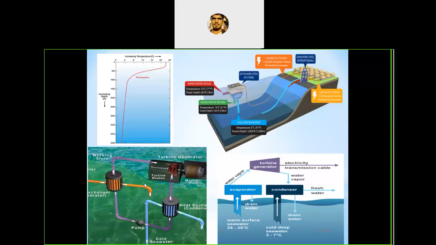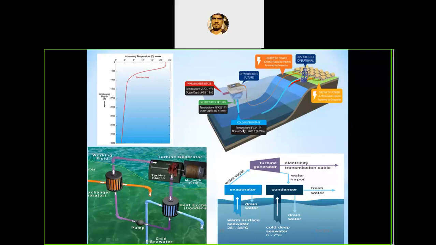Here hot water enters from the top layer and evaporates the fluid, and cold water from the bottom layer removes the heat. The same fluid changes phase from liquid to gaseous and gaseous to liquid, and while passing it generates energy. So the heat energy rotates this turbine and generates electricity. This is the best example you can see in this figure.